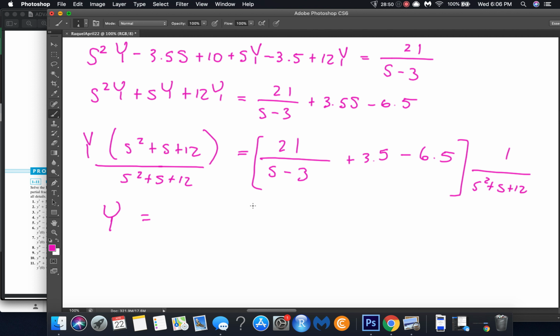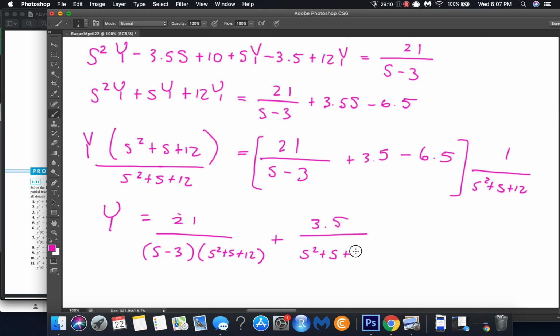So now it's going to be 21 over s minus 3 times s squared plus s plus 12, plus 3.5s over s squared plus s plus 12. Oops, did I miss an s? Yes, I did. Minus 6.5 over s squared plus s plus 12.